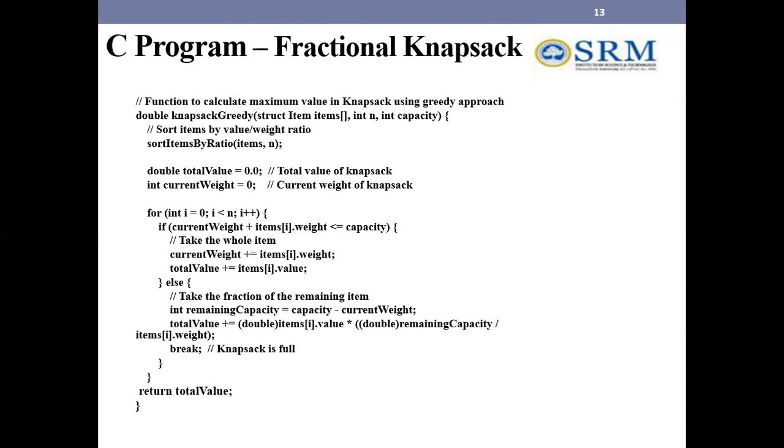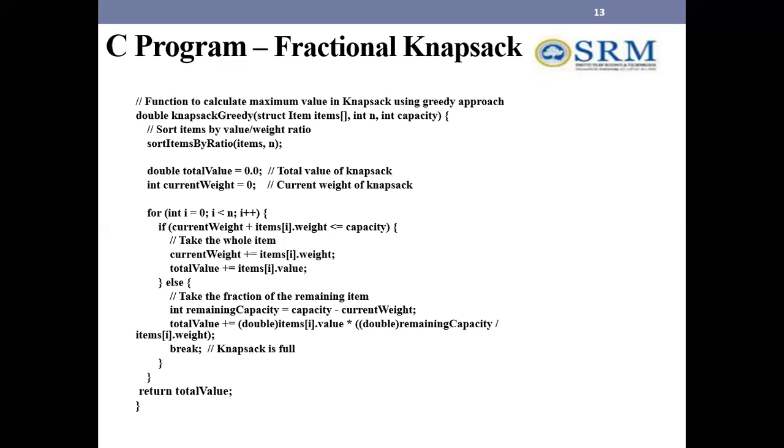In the else part, if we add the item to the knapsack and the total weight exceeds the capacity, we go for a fraction or partition of the given product. We find the remaining capacity: the total capacity of the knapsack minus the current weight of the knapsack gives the remaining capacity.